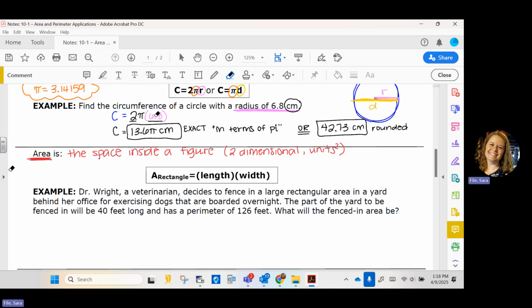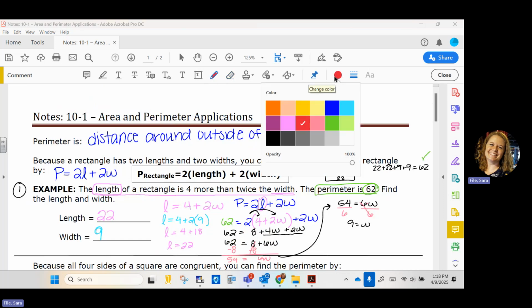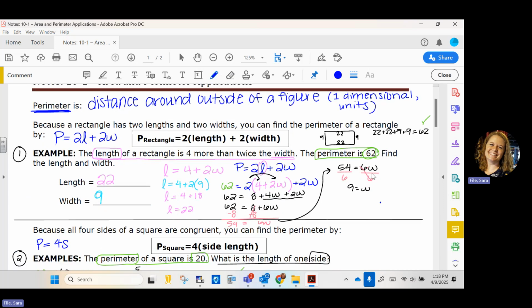Okay, if we want to go back up here to where we talked about perimeter, we can add that it's one-dimensional. Okay, so perimeter is one-dimensional. So you just leave your units, no squared. Okay, so it'll just be however many units, so centimeters, inches, feet.